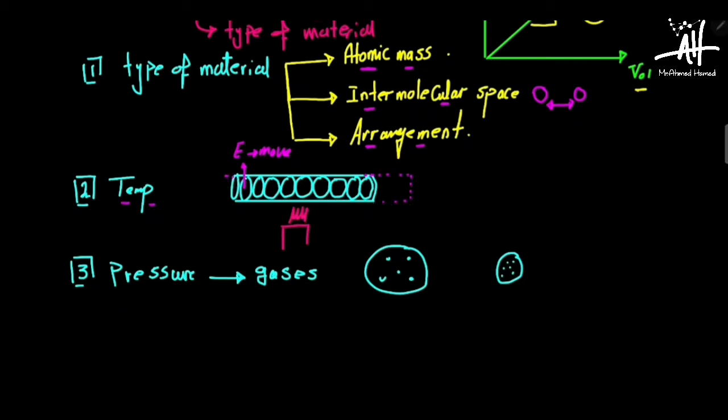So they will take a larger volume like this, but as they move away from each other, the density will decrease. So we can say that by increasing the temperature, the energy of the particles will increase, so the motion of the particles will increase, so the density will decrease.